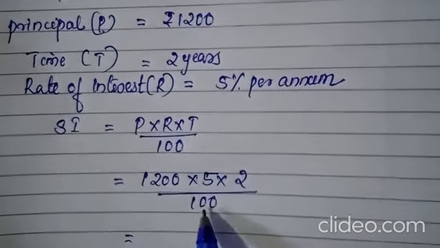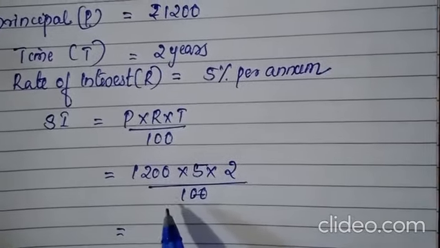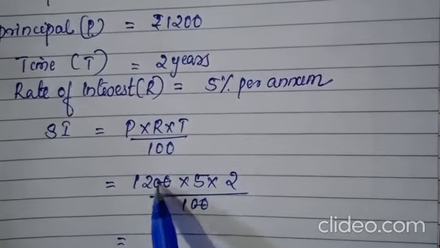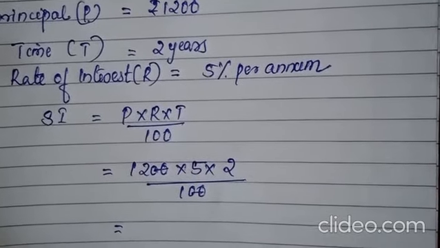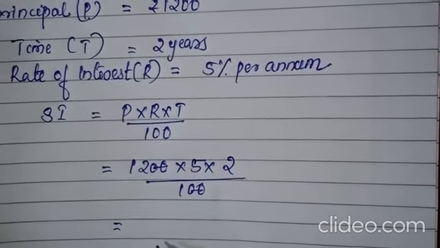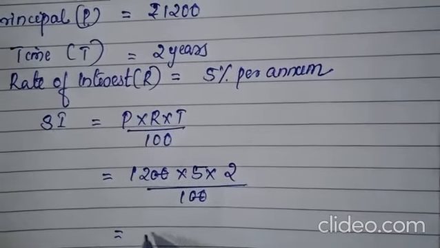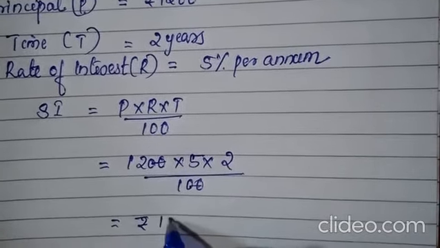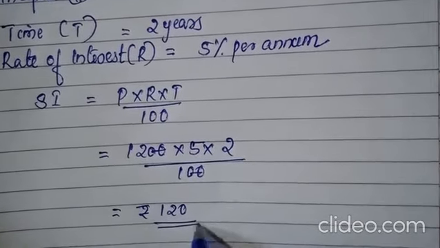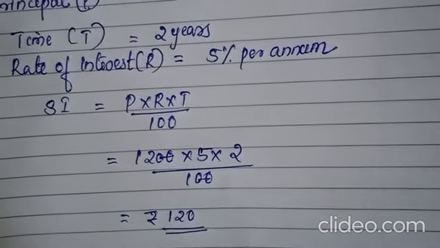In this way, we cut these two and these two. Then multiply 12 into 5 into 2. So 5 2s are 10. 12 into 10 is equal to rupees 120. This is the simple interest.